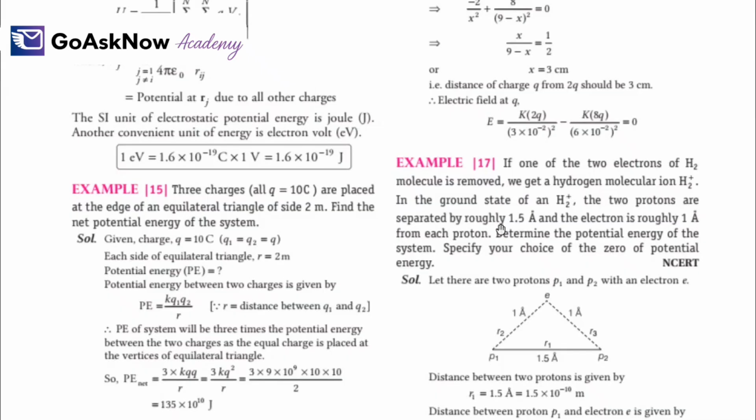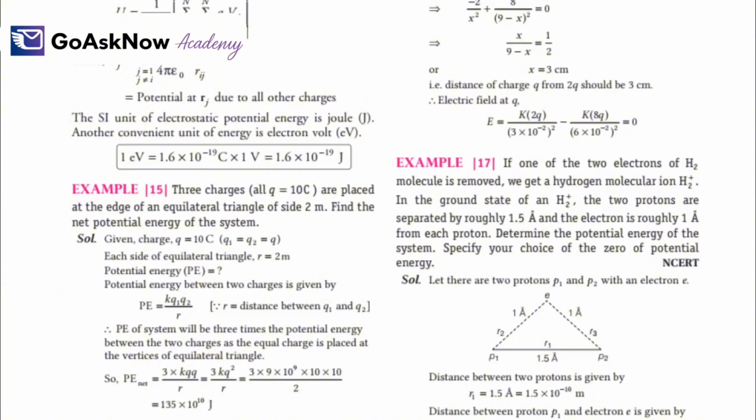Okay. So there are protons P1 and P2 with an electron E. So assume this configuration. There are two protons here, P1 and P2, which are separated by 1.5 angstrom distance. That is told here also. And your electron and proton first, and electron and proton second, are also separated by a distance of 1 angstrom, each of them.